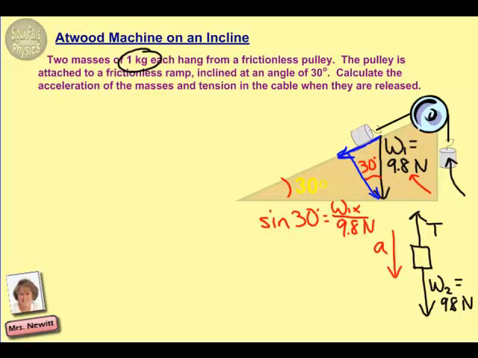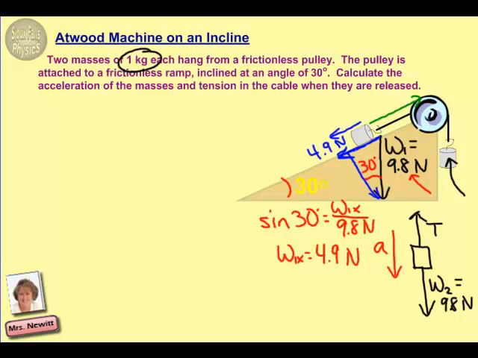And so solving then for that component, we find that that component is equal to 4.9 newtons. So the amount of weight that can actually act to pull this object down the ramp is 4.9 newtons.